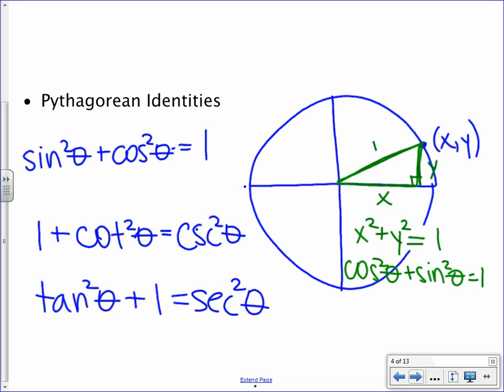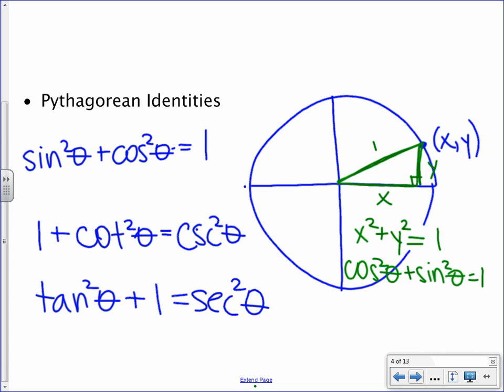Okay? You can either memorize all three, or you can remember this first one and then figure out the other two. Okay? I will tell you right now that on your quiz, which is scheduled for Friday, we'll see when it actually happens, your first three questions are going to be list the reciprocal identities, list the quotient identities, list the Pythagorean identities, and then you're going to do the rest of the quiz.